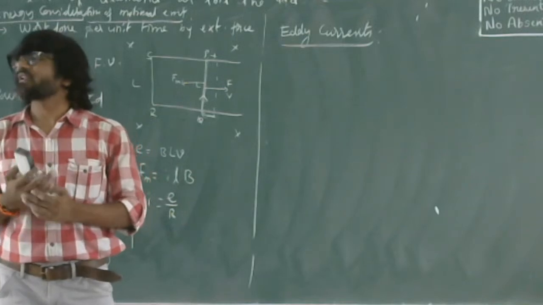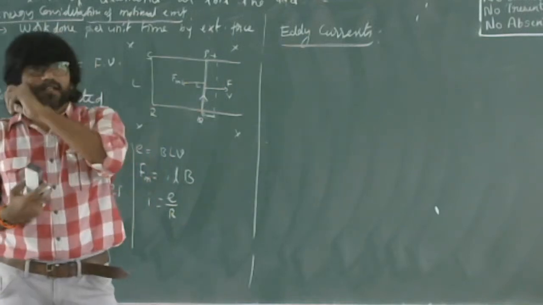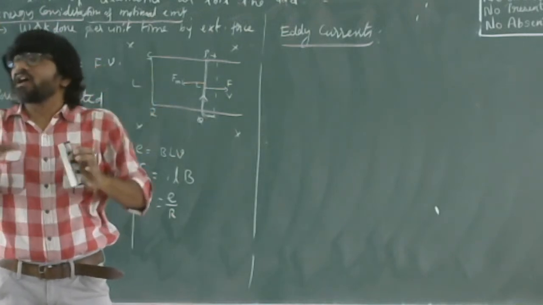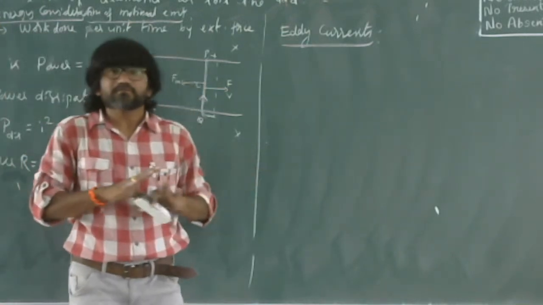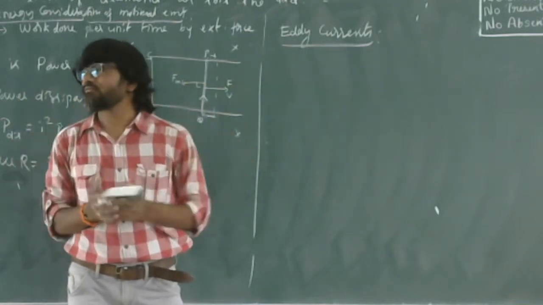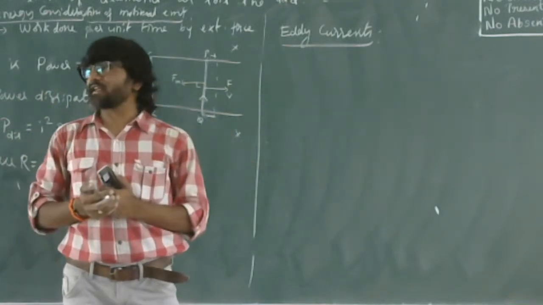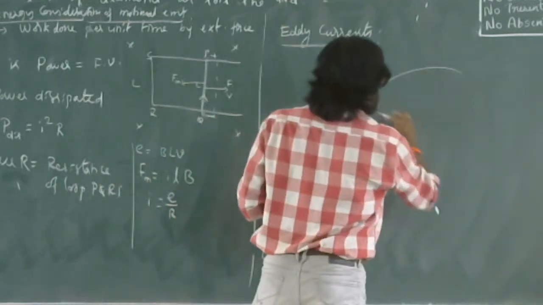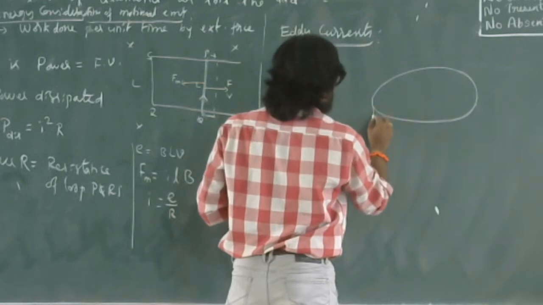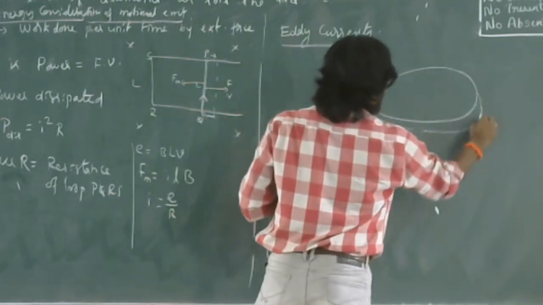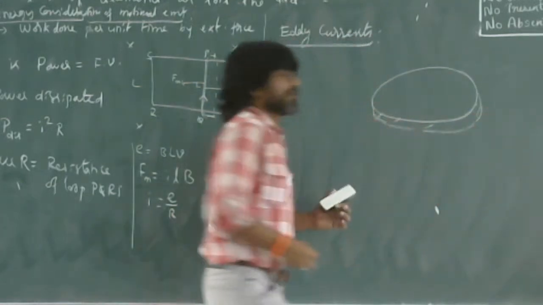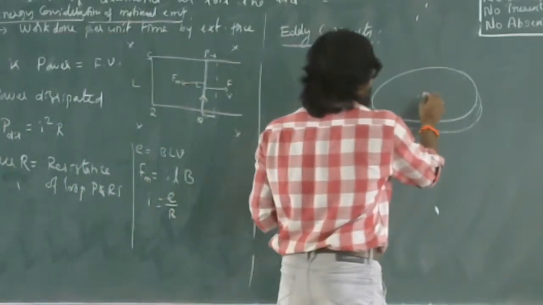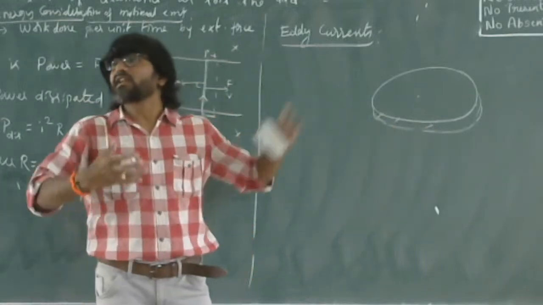Whereas eddy currents arise if, instead of a wire, you have a thick metallic disc, a bulk disc. We also call this a flywheel. This is one of the examples where we observe these eddy currents.